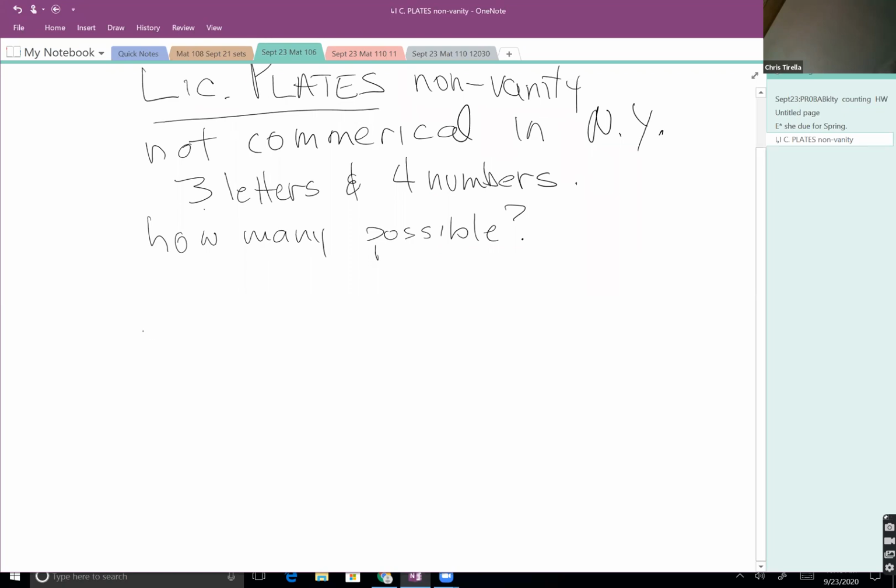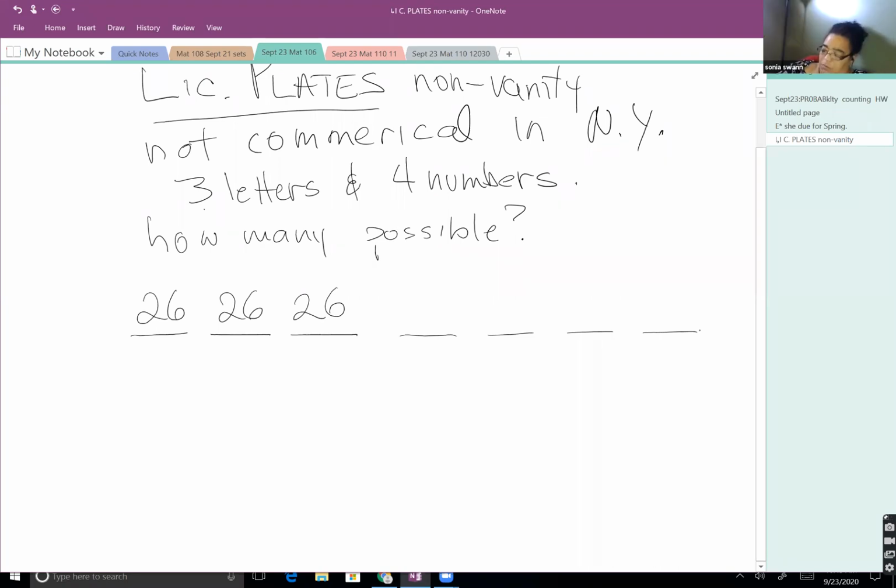So there are 3 letters, and each letter has 26 possibilities. And there are 4 numbers. Can numbers repeat on a license plate? Yes. And can you have a 0 on a license plate? Yes. So there's 10 choices for each.